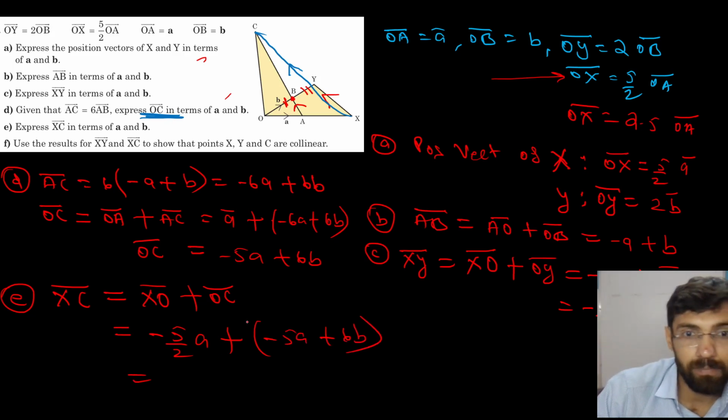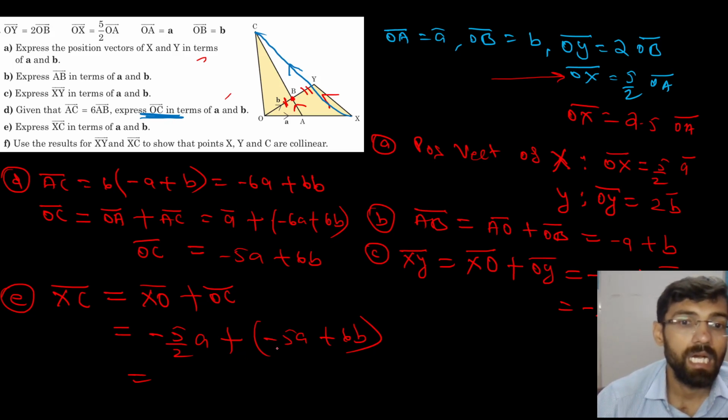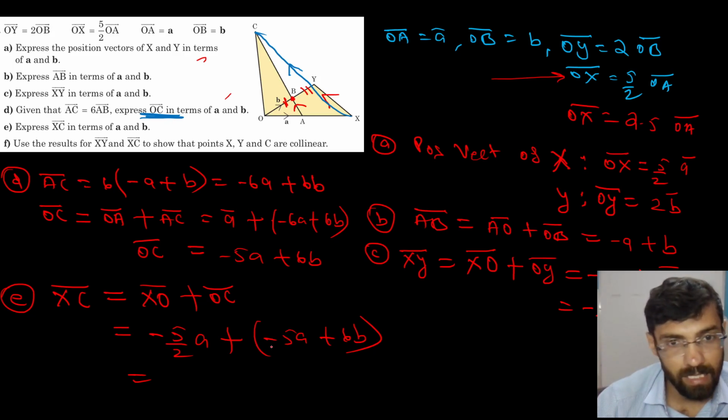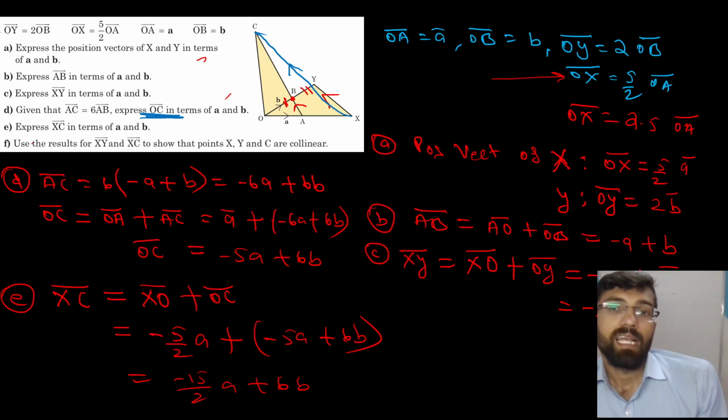Opening the brackets, minus 5 by 2 A, meaning minus 2.5, and minus 5A, meaning minus 10 by 2, so this is minus 15 by 2 A, and then plus 6B. So here we found A to E.